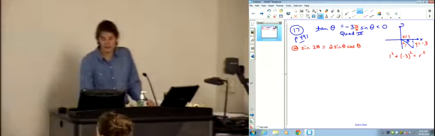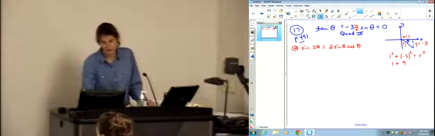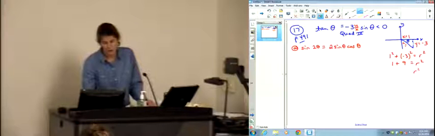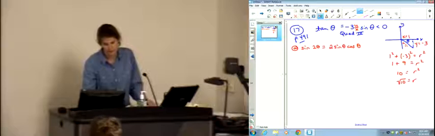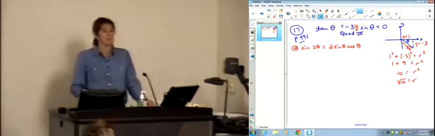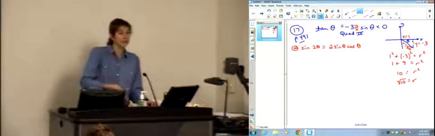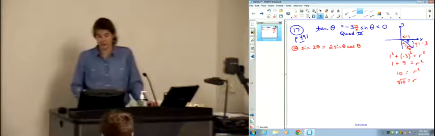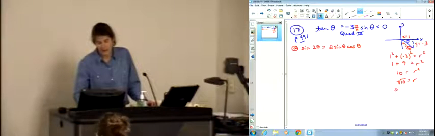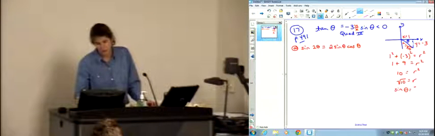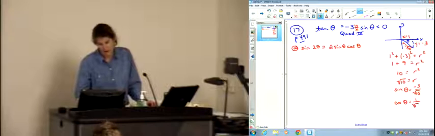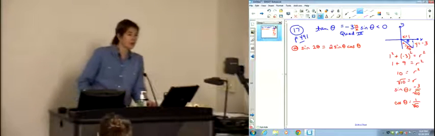Now we have 1 plus 9 is r squared. r squared is 10. So the square root of 10 is r. We got that so we can figure out what the sine and cosine of theta would be. The sine of theta is going to be y over r, and the cosine of theta will be x over r.